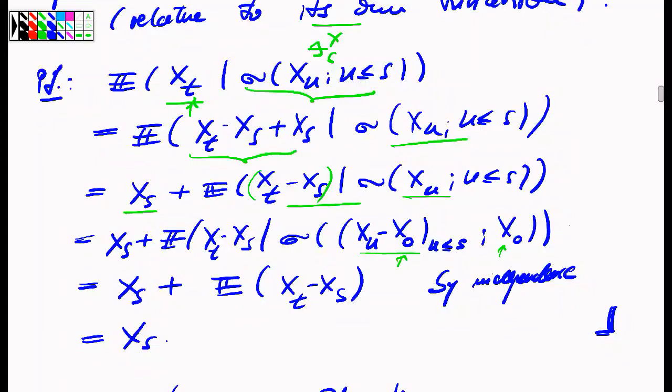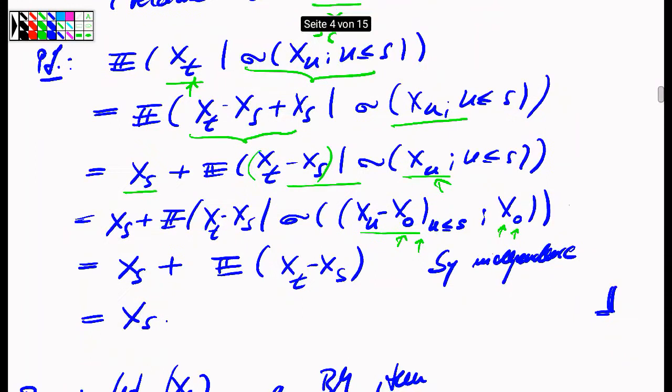The information of these two sigma fields is the same, because any event that can be formulated in terms of the X_u's can also be formulated in terms of these increment random variables and the X_0 random variable. Okay, so therefore I can write this sigma field just as well like this.